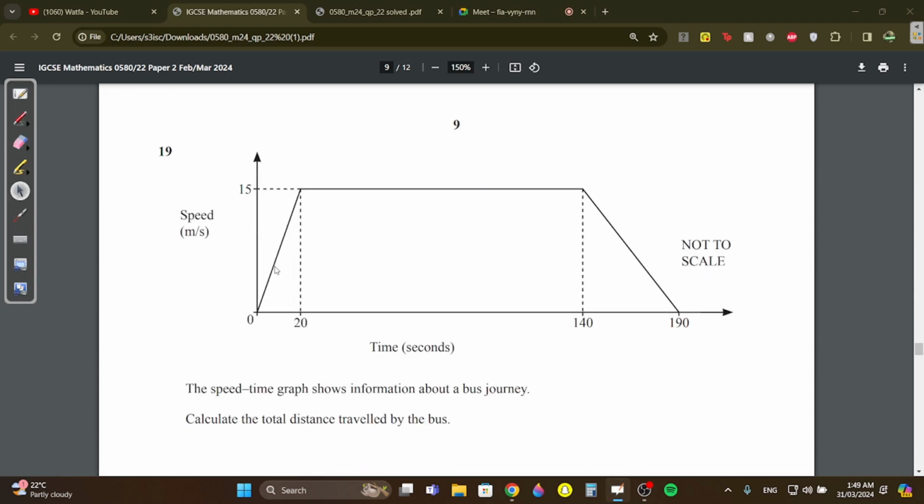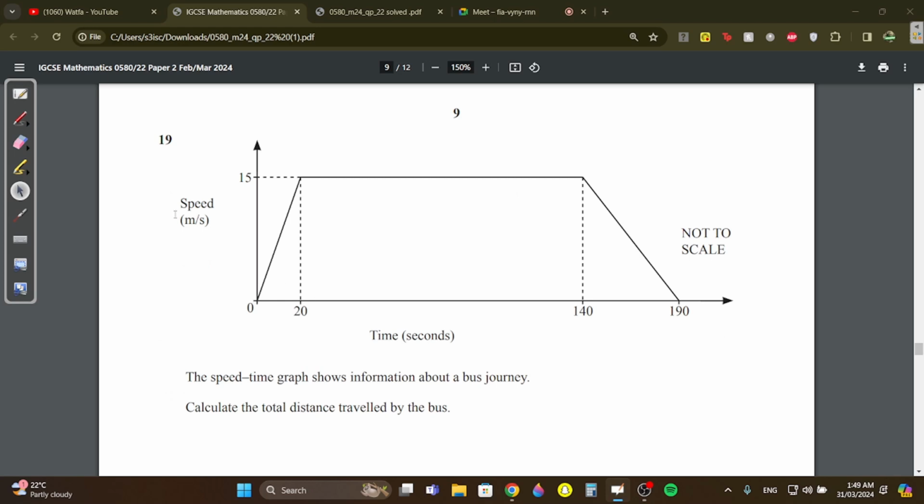Question 19. This is a speed time graph. It shows information about a bus journey. Calculate the total distance. When you have a speed time graph, to calculate the distance, you have to find the area of the graph. In this case, it's a trapezium or a trapezoid, whatever you want to call it.